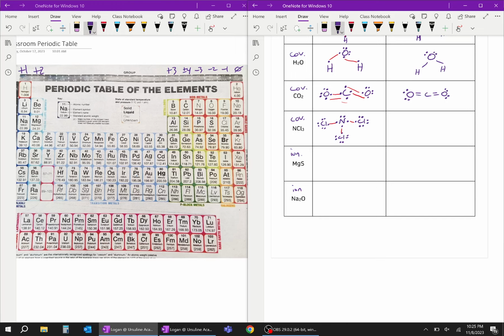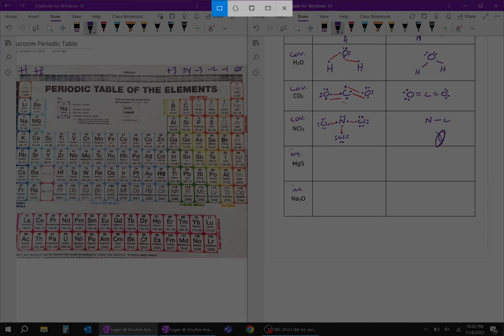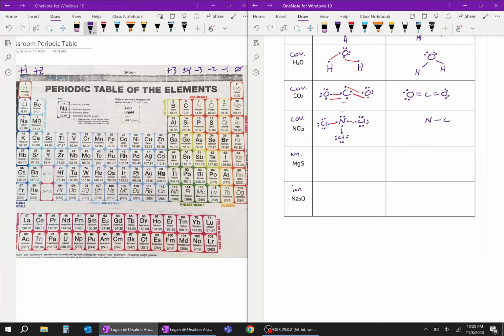In order for everyone to have a full shell, you end up with a molecule that will look like the following. 1, 2, 3, 4, 5, 6. 1, 2, chlorine.